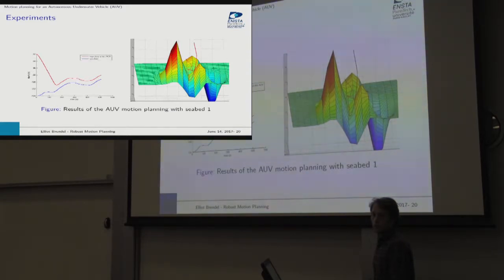The AUV doesn't know the entire map, so if we increase the prediction period, maybe the AUV will consider this pit and will go that way. Then maybe it becomes unstable. But if there's no feasible solution, it will not.